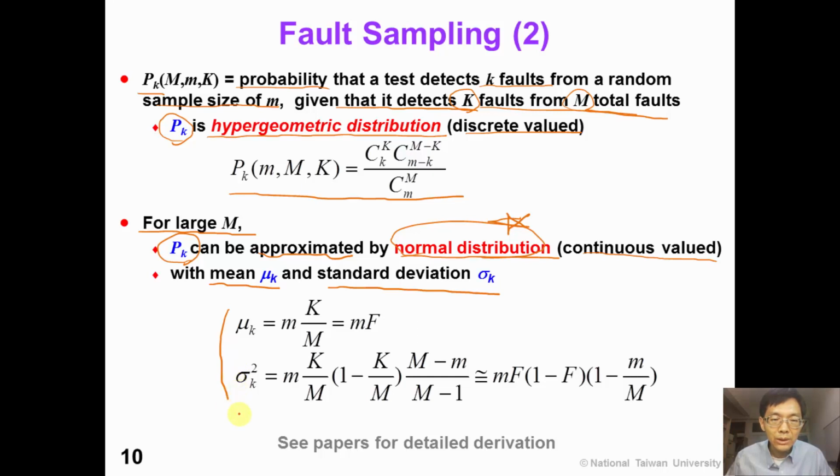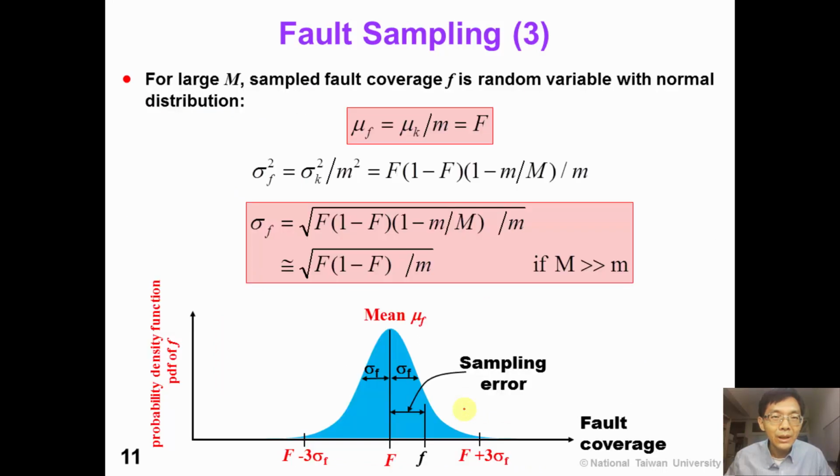If you want to know the details, please refer to the paper. So the conclusion is that for large M, the sample fault coverage small f is a random variable with a normal distribution where the mean is actually big F.